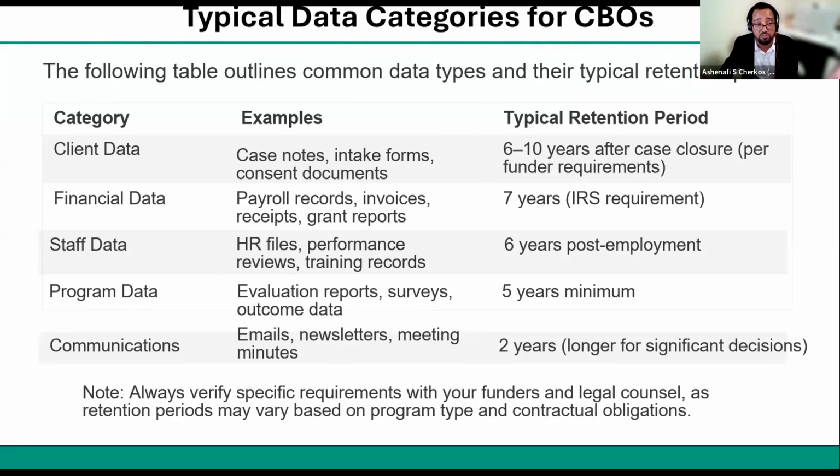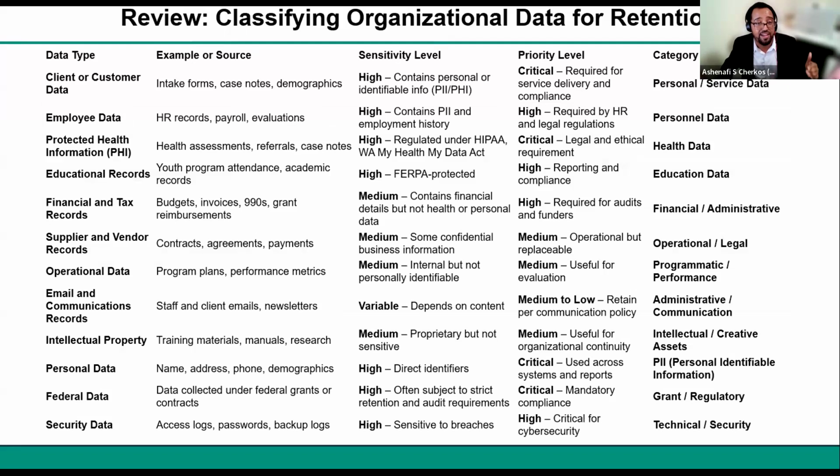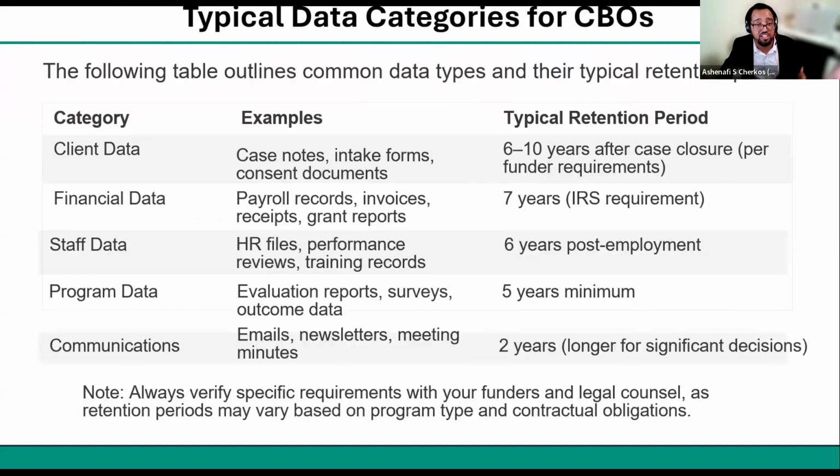After 7 years, we need to delete it, and in the later steps we need to specify what methods we need to use to delete it. The same applies to staff, program data, and communication. Once we classify and identify data, we need another column that shows for how long we are going to retain it. That will show us the retention period.